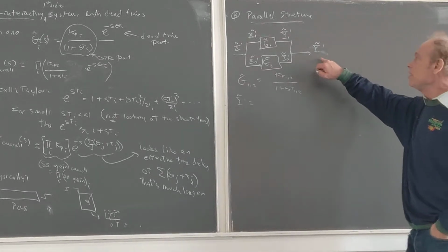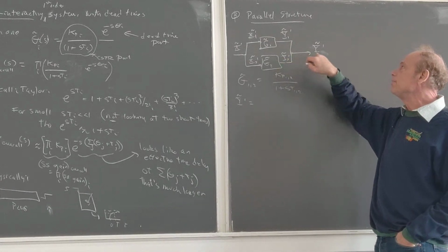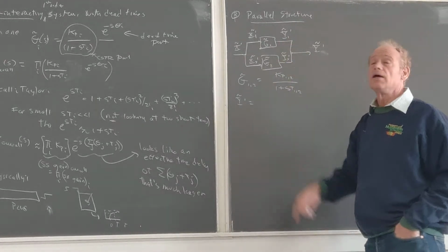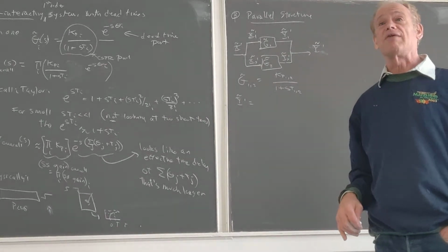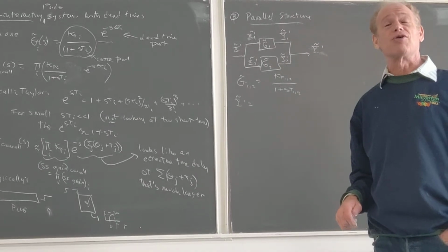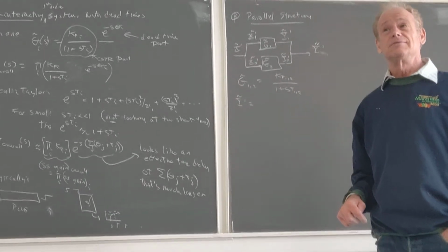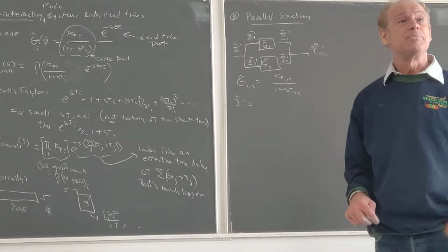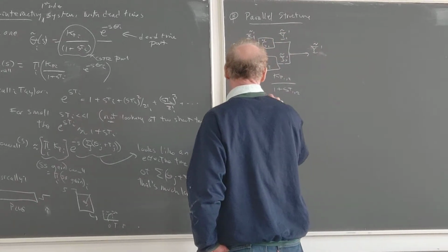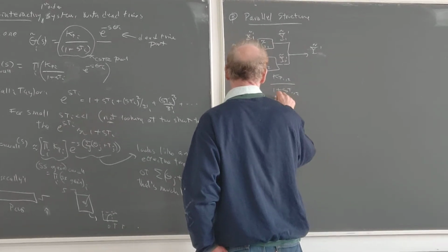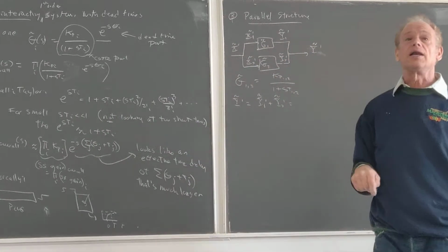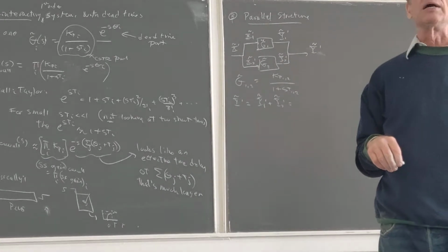So why don't someone help me? What happens when I have y1 and y2 combining to give me y? What is y prime equal to in terms of y1 and y2 prime tildes? Let's have a volunteer. Is it the sum? Just the sum. So this is y1 prime tilde plus y2 prime tilde. Now, what is y1 prime tilde in terms of g1 and x1 prime tilde? Somebody else?